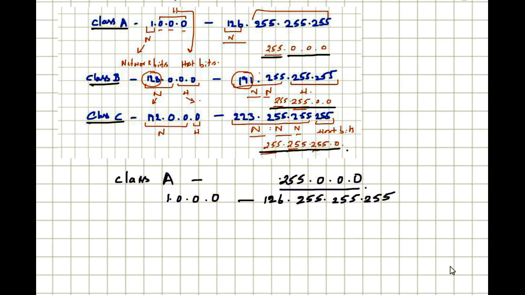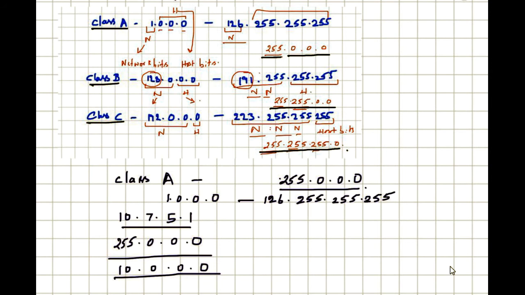In this range there is only one big network. If you take any address, like 10.7.5.1, there is only one network, because if you apply the default subnet mask 255.0.0.0, you will get a network ID of 10.0.0.0.